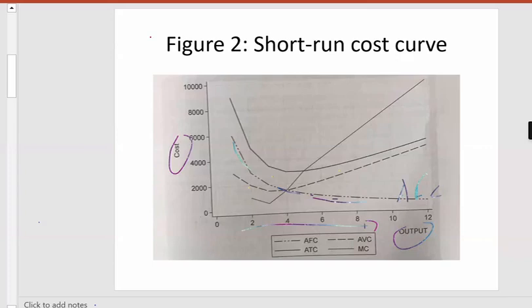Inapungua continuously. The more you produce, the less the fixed cost becomes. Sawa. Average cost yenyewe ni hapa, imekuja ikapanda. It depends, lakini yeah, that's what I'm trying to show.